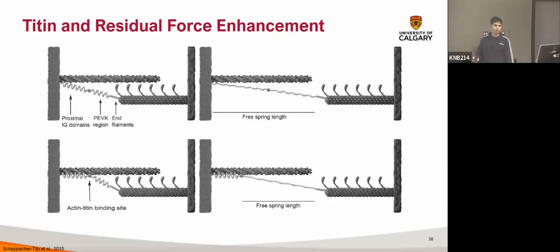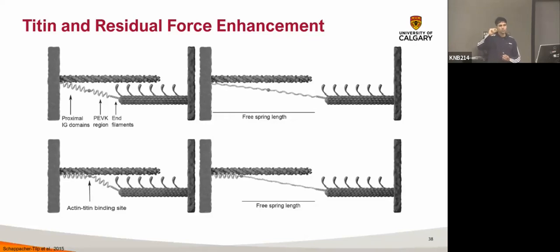And the other issue, why do we know that it is like that? Based on data on passive force enhancement. So passive force enhancement is a phenomenon that occurs after residual force enhancement. In residual force enhancement, you get higher force than you would expect during an isometric contraction. You have that elevated force.